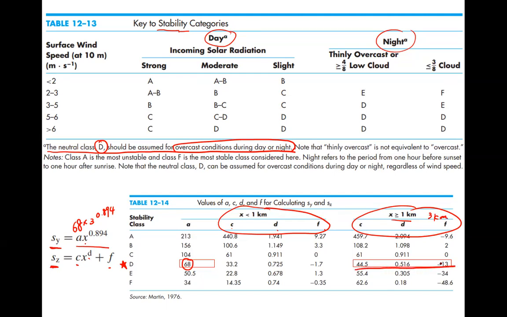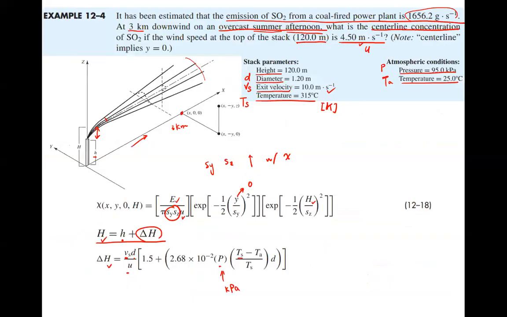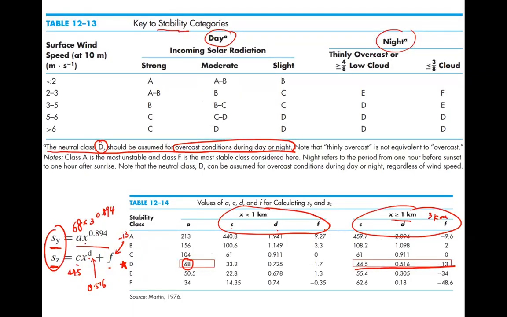So we should plug in these 3 values, where c is 44.5, d is 0.516, and f is minus 13, right? So if we have Sy and Sz, then the only unknowns here are solved. Then we can plug in all the parameters and solve for the concentration, all right?